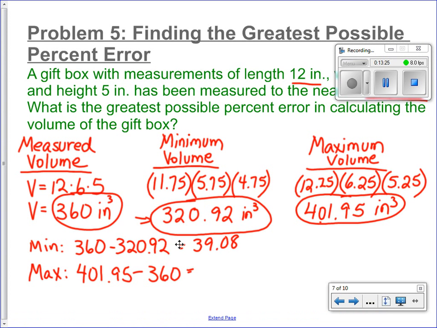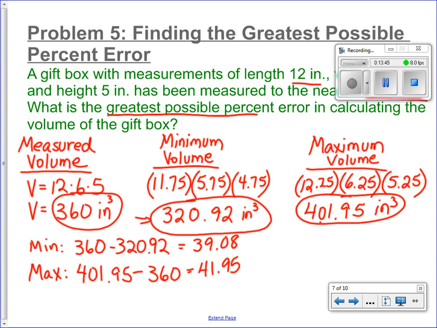Got to do that again, I made a mistake, is 41.95. All right, so the question is, what is the greatest possible percent of error?